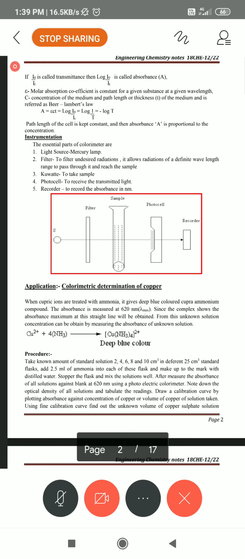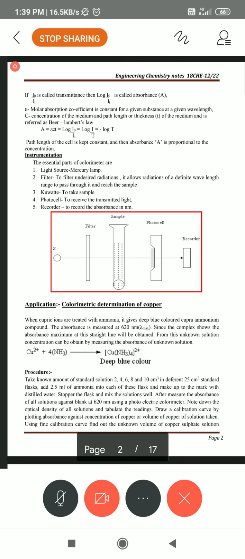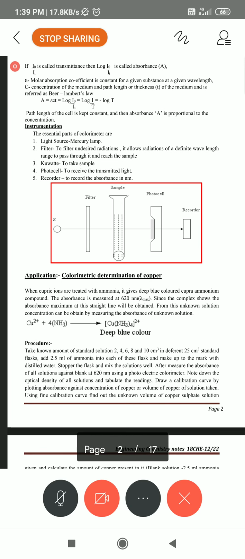Don't throw away the unknown solution, keep it aside. Set up the colorimeter and check that the source is correct and the filter is correct. Then take the cuvette, wash it with water, and keep it in the space provided. Switch on the photocell, followed by the recorder. Everything is set up.